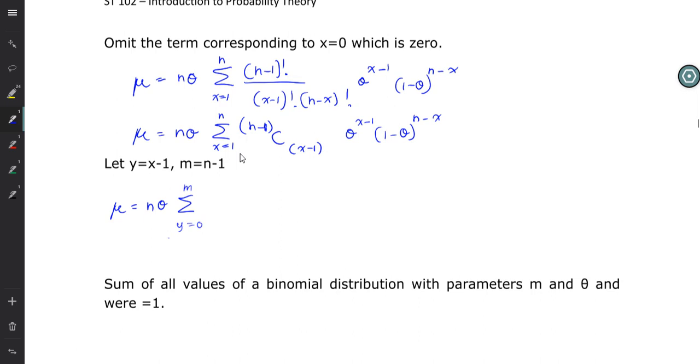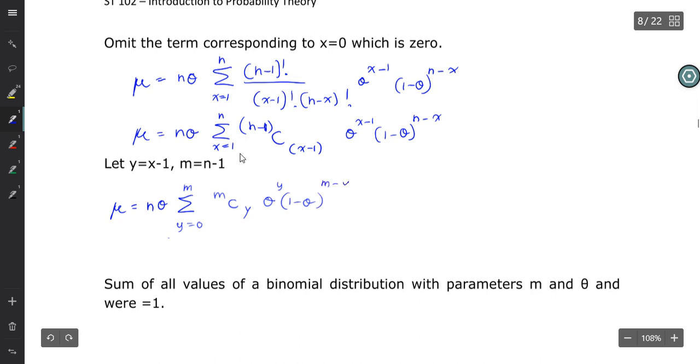Instead of n minus 1, I write m. Instead of x minus 1, I write y. So you get theta to y, 1 minus theta to m minus y. When y is 0, x is 1. And using this substitution, your summation x from 1 to n becomes y from 0 to m.